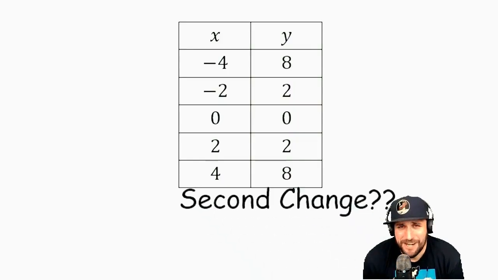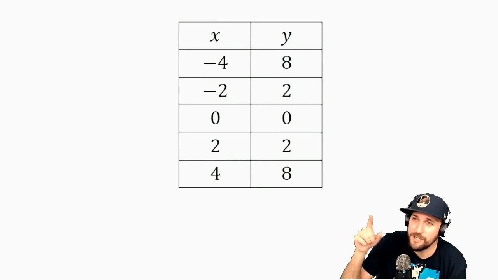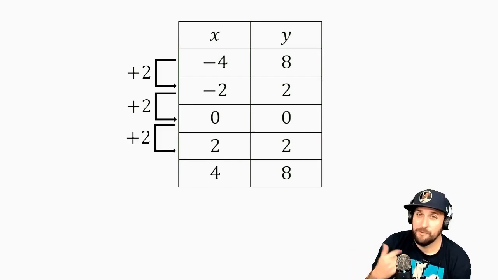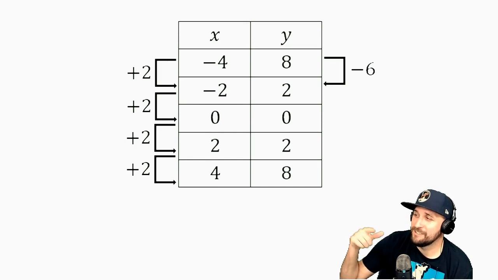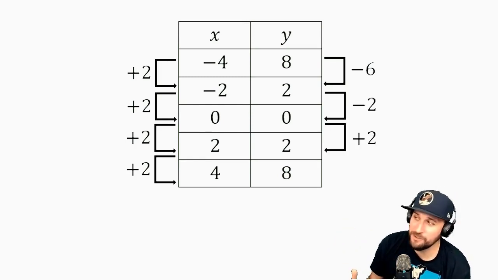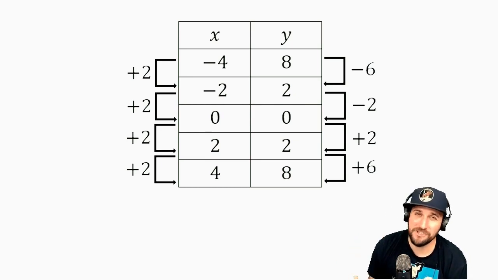Now what's a second change in y? So if we look at our example here, x increases by 2 each time, plus 2, plus 2, plus 2. And if we look at our y, to get from 8 to 2, it went down 6. And from 2 to 0, it went down 2. Then from 0 to 2, it went up 2. From 2 to 8, it went up 6. So that's the first change in y.